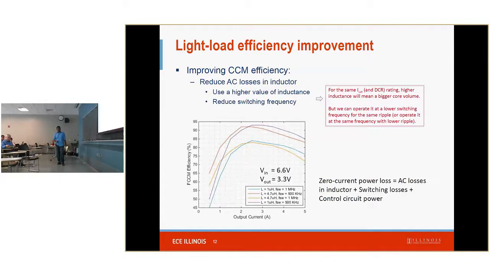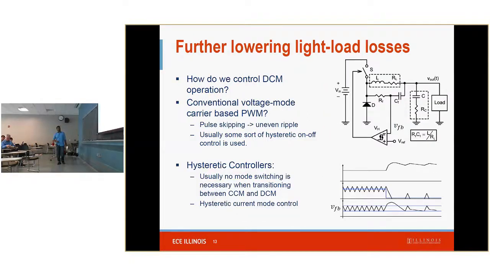But how do we get more efficiency improvement? We have to use some kind of a discontinuous conduction mode for reducing losses in this region. So usually some kind of a hysteretic controller is used for regulating voltage at light loads.